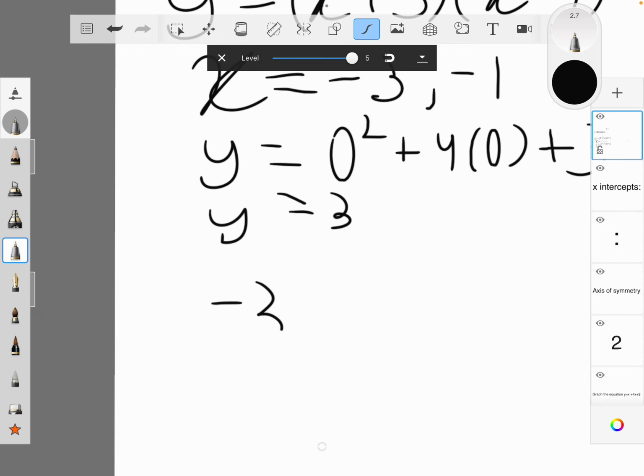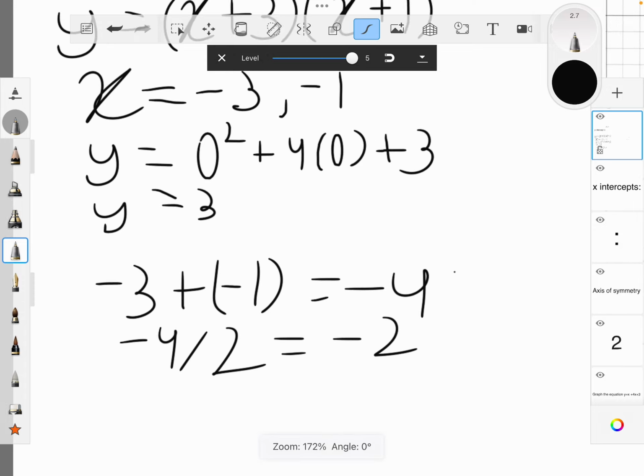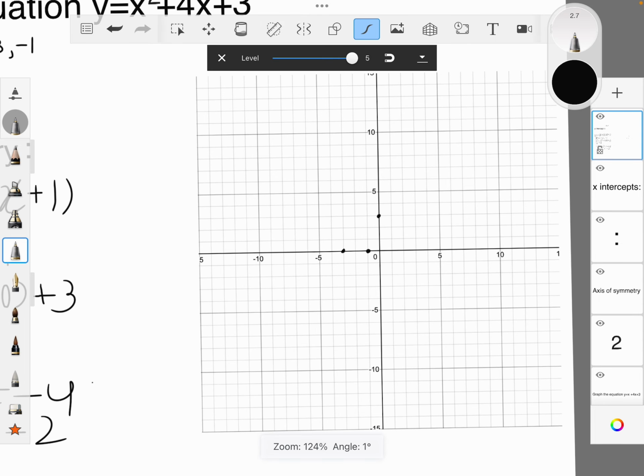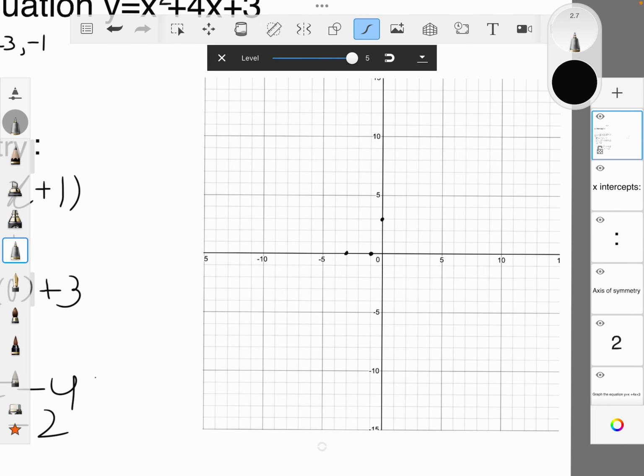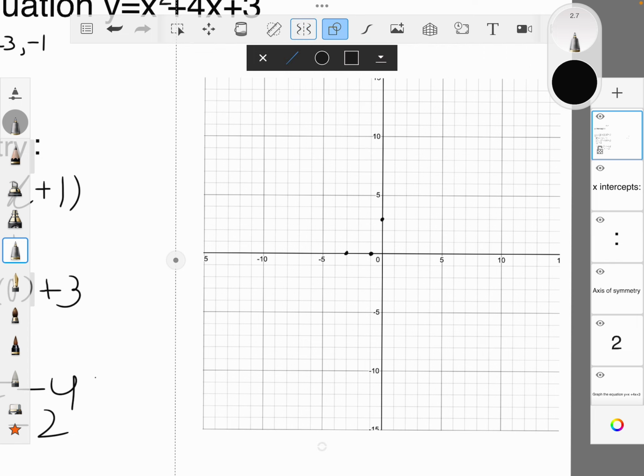So -3 plus -1, let me just write that in parentheses. So plus and minus would be minus, so that would be -4. And then the next step will be -4 divided by 2, which will be -2. So our axis of symmetry will run through -2. So let me just draw that out.